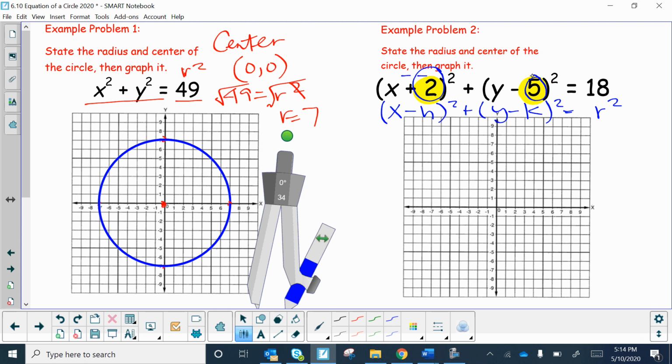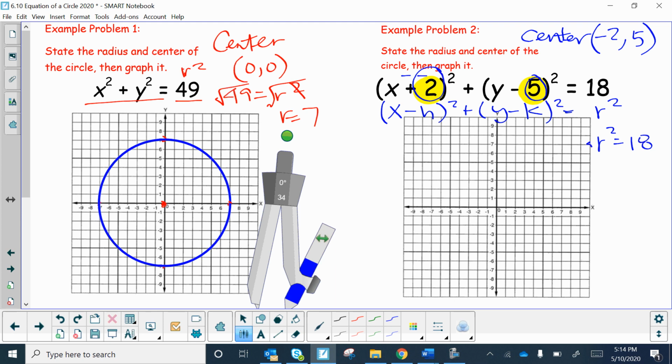So the actual center of this equation is going to be -2, 5. Okay, and so that's how you get the center when you're looking at this type of equation. Now over here, r is not going to be a nice whole number like it was in the example before, and that's okay. So r squared equals 18.